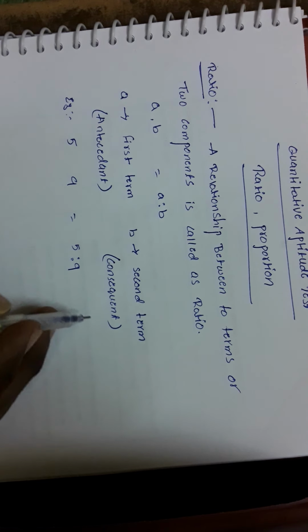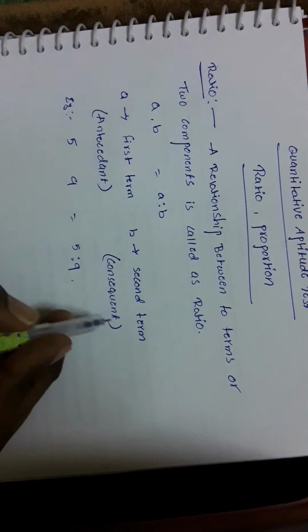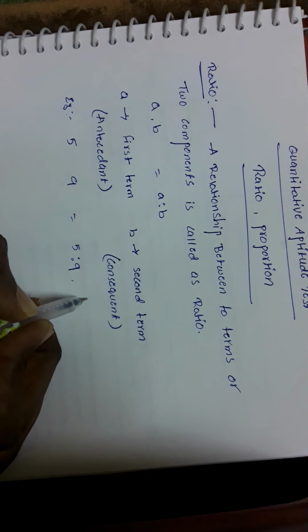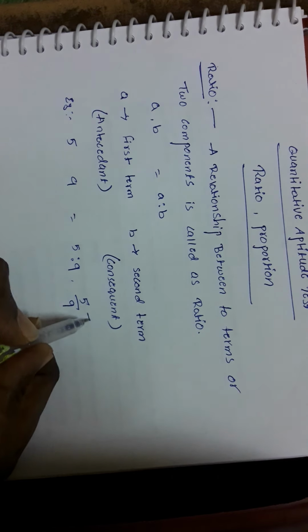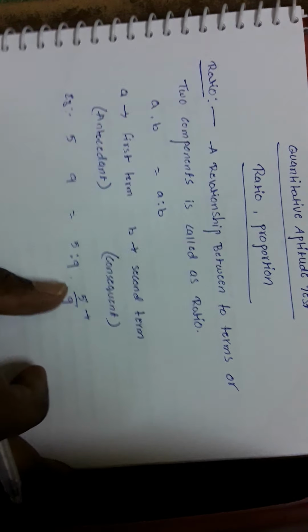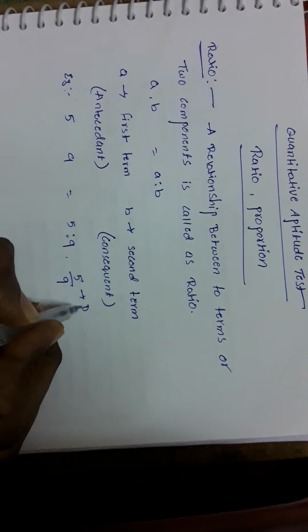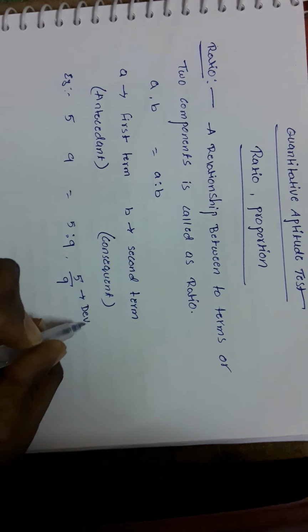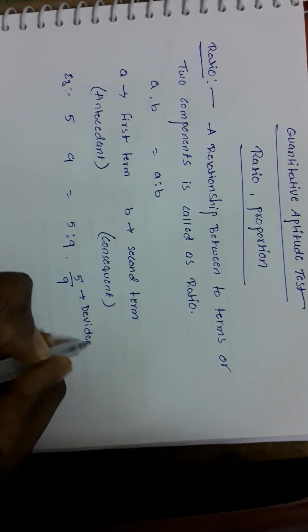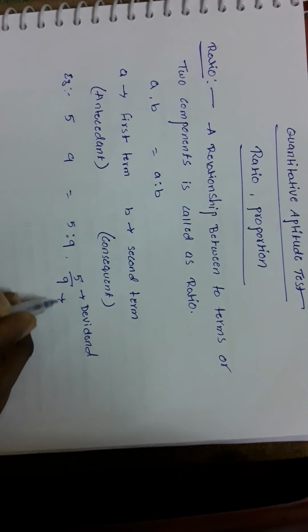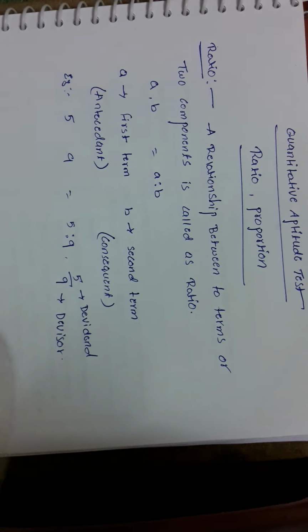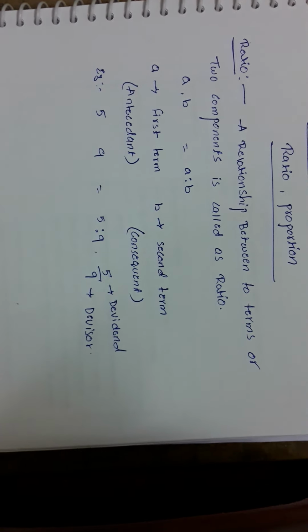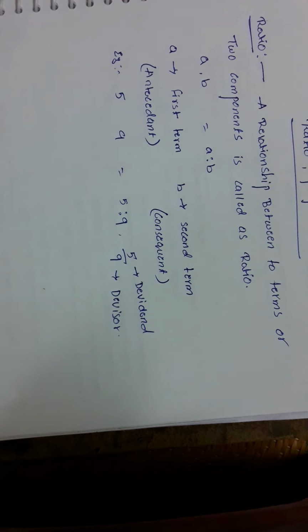Another way to write it is 5 by 9. Here 5 is called the dividend and 9 is called the divisor. You understand? This is the information regarding the ratio.